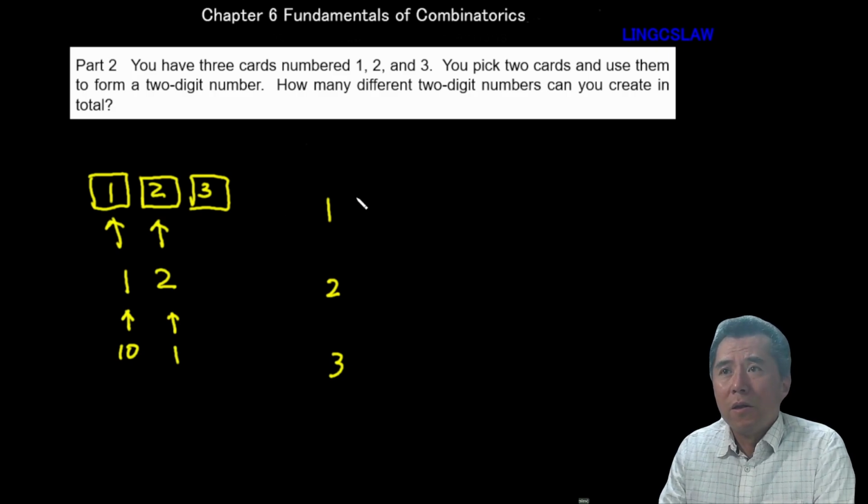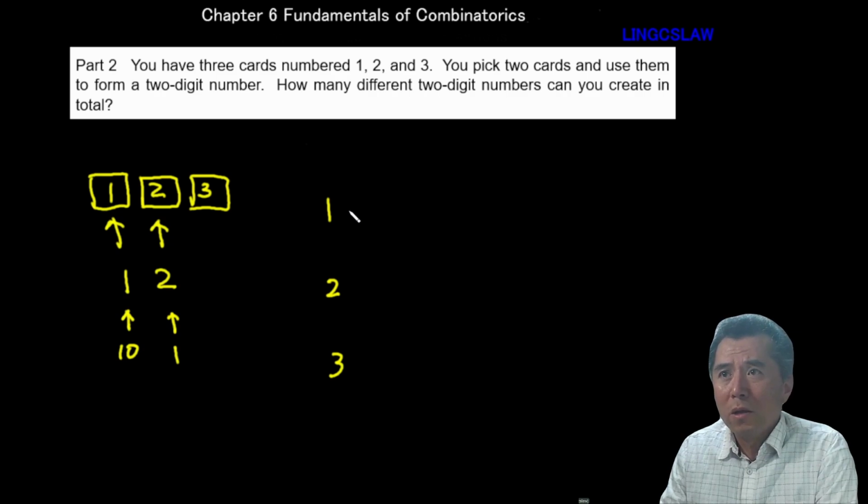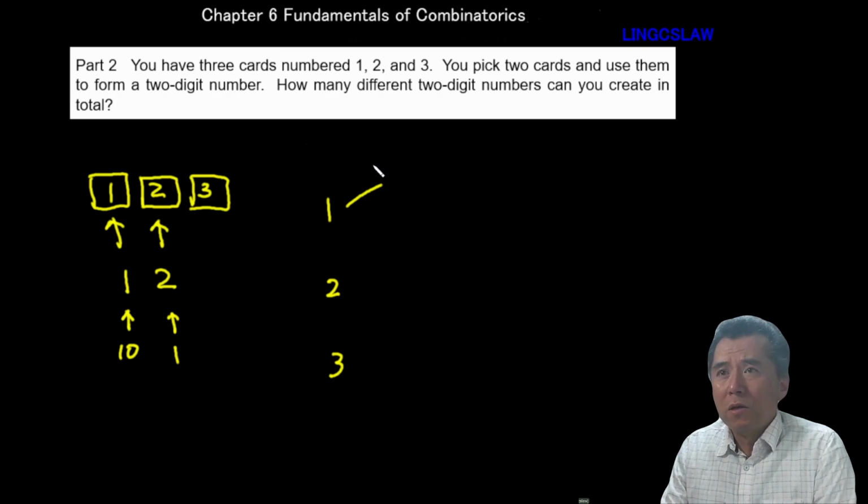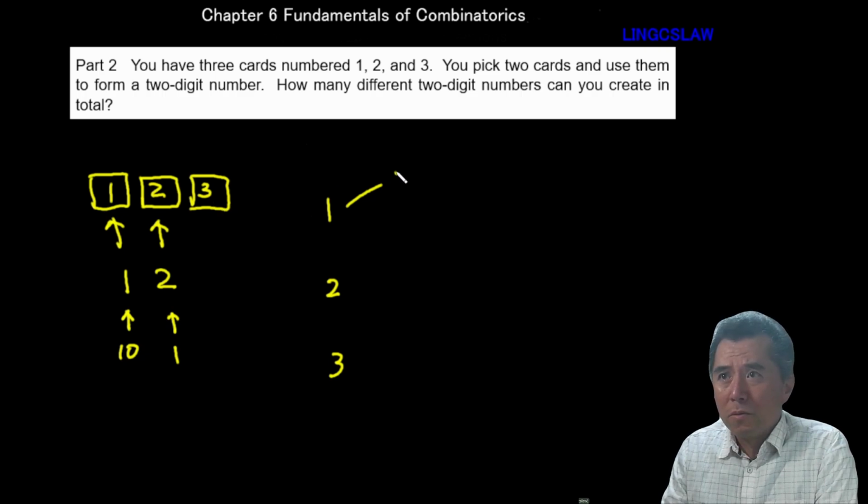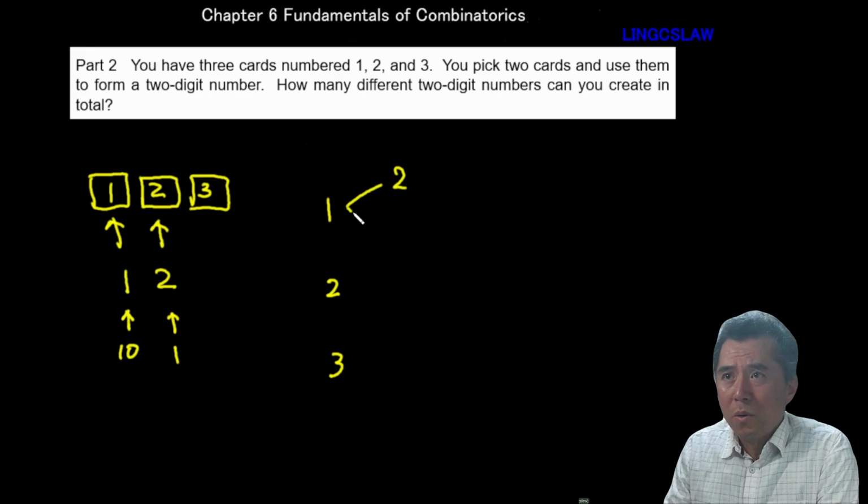And if you take the card of 1, the number of second choices is 2. So 1, 2 or 1, 3.